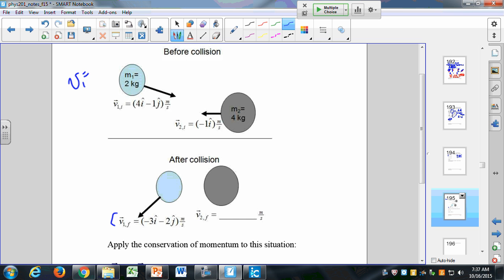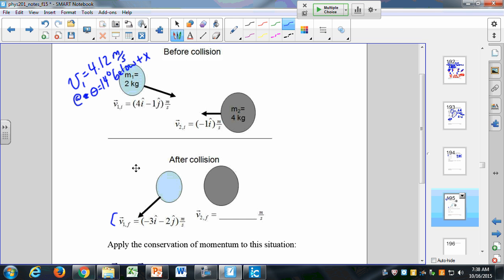V1 would equal 4.12 meters per second at an angle of theta equal to 14 degrees below the plus x-axis.